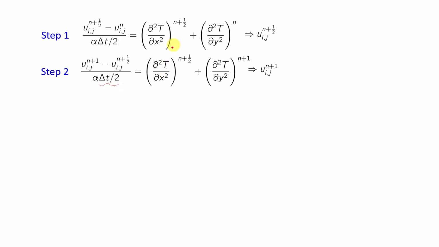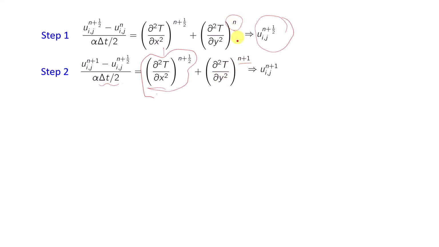Here I have kept the x part the same at the n plus 1 by 2 time level, and I have calculated this u value at n plus 1 by 2 from step 1. So now, at n plus 1 by 2, this part is known, that is del 2u del x2 at n plus half. The only unknown is del 2u del y2 at n plus 1.